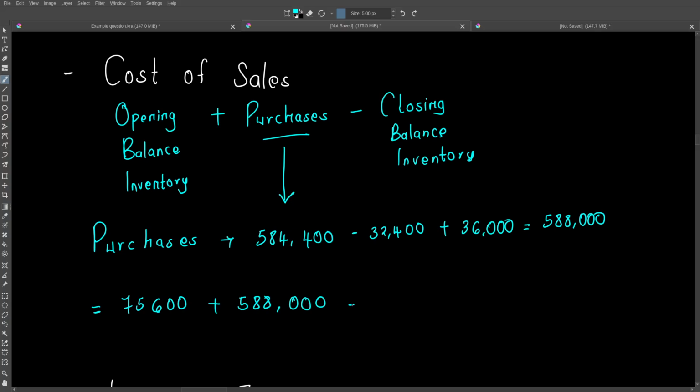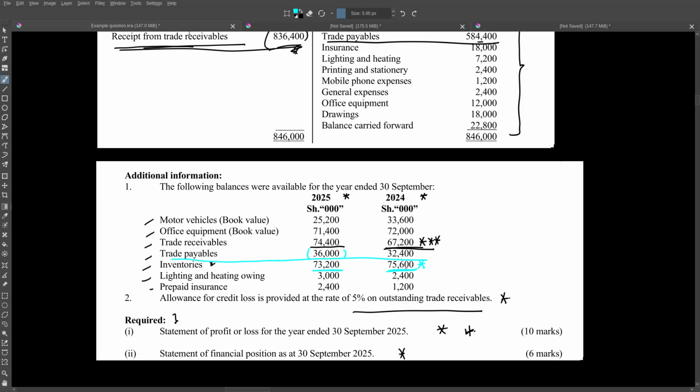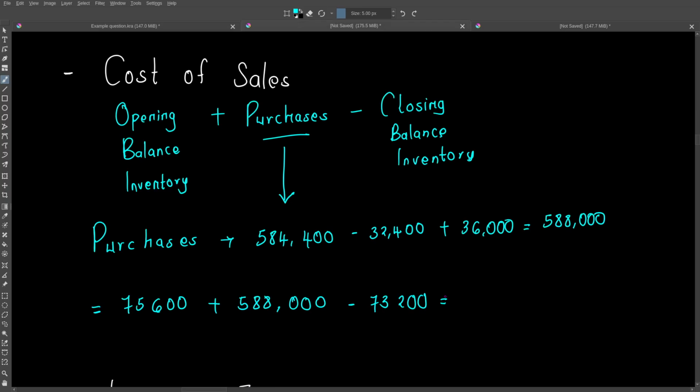And then we less our closing balance of 73,200 as at 30th September 2025. So this is going to give us 590,400. Basically this is our cost of sales.